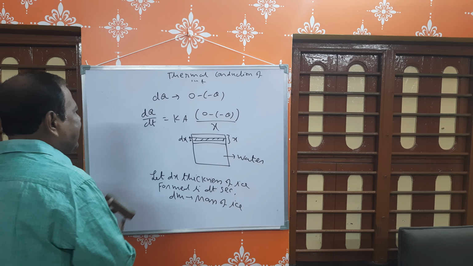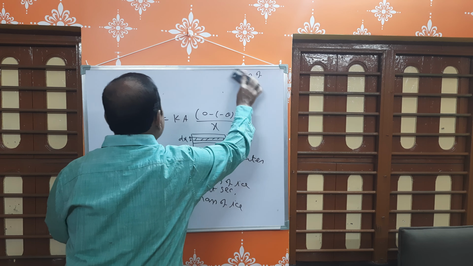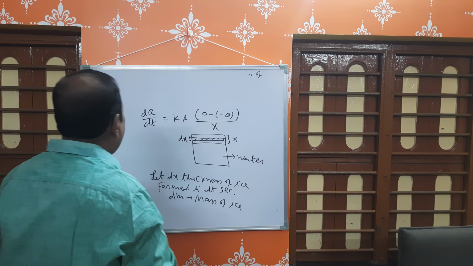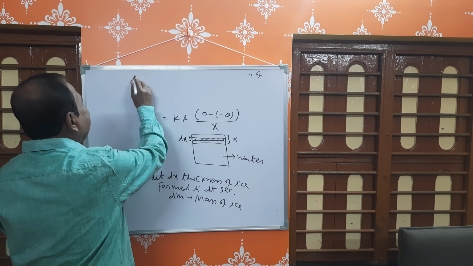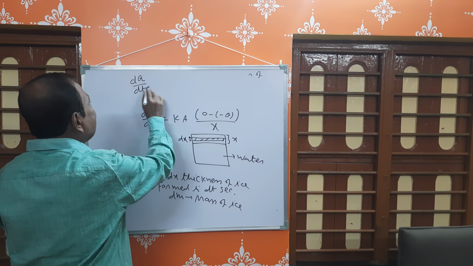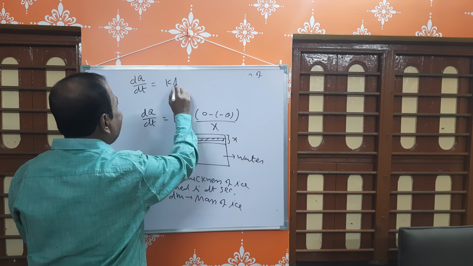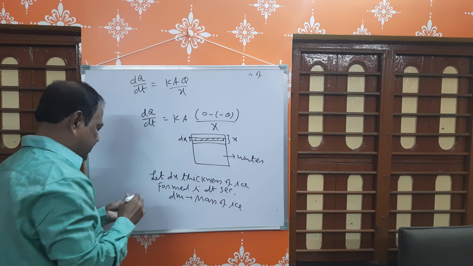So I can write down that dq/dt is equal to k A theta by x.